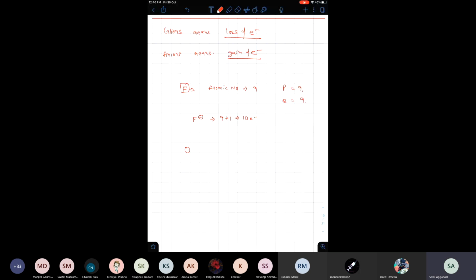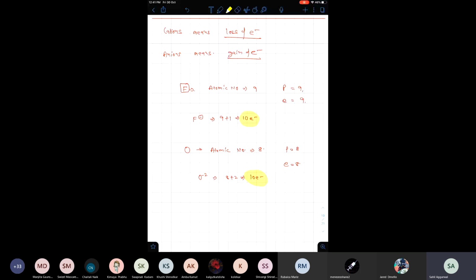If we talk about oxygen, oxygen का atomic number 8, मतलब proton is 8, electron is also 8. If we write O2 minus, that means we have to add 2 electrons. So it will be 10 electrons.